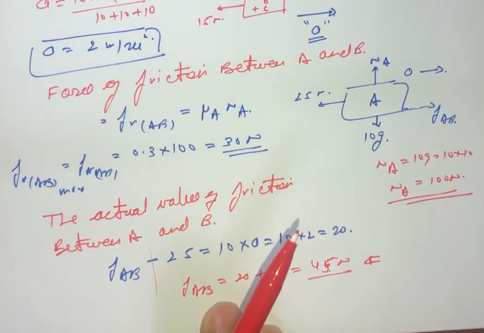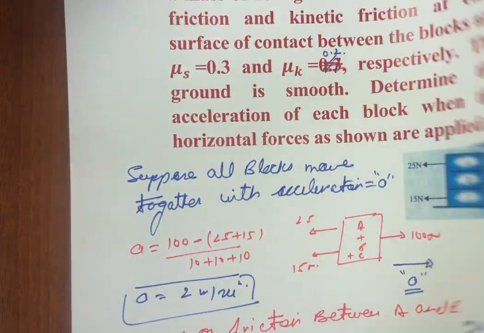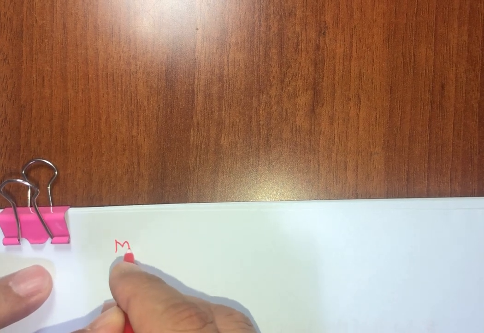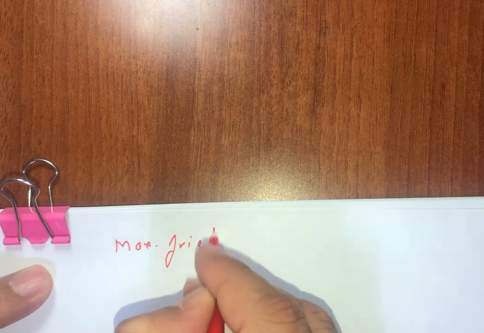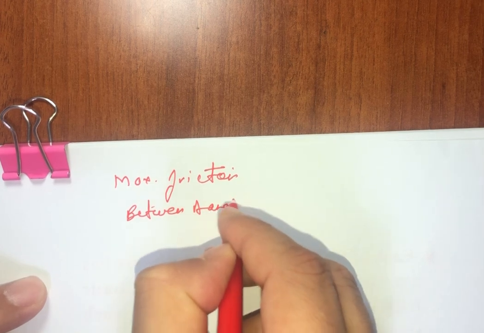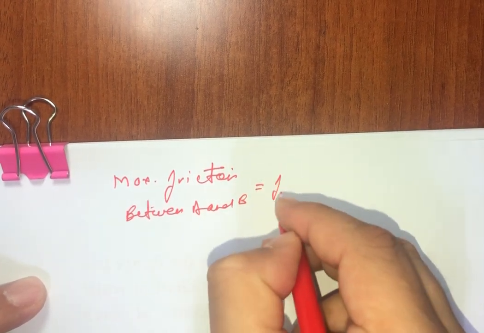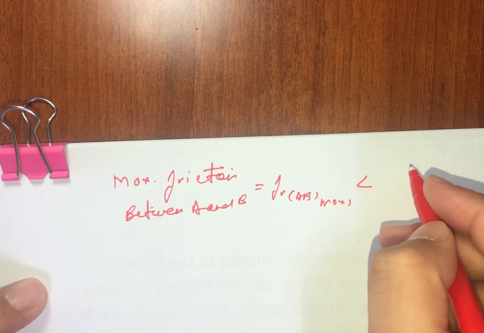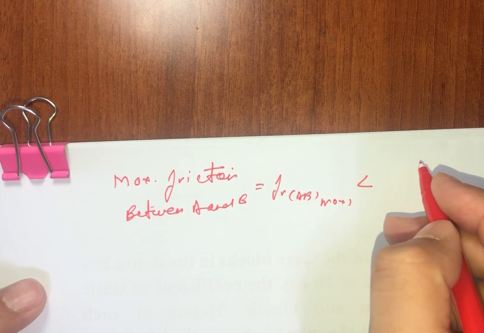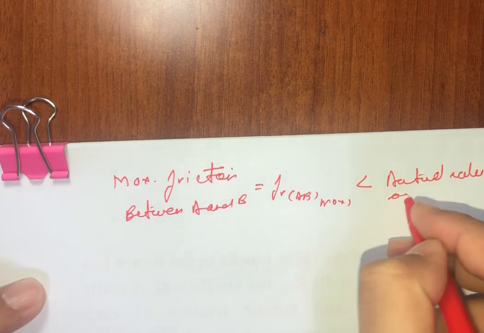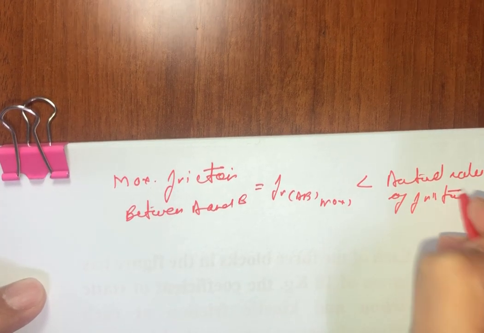So if you compare the actual value and the maximum available value, the maximum friction between A and B, which is given as FRAB max, is less than the actual value of friction.